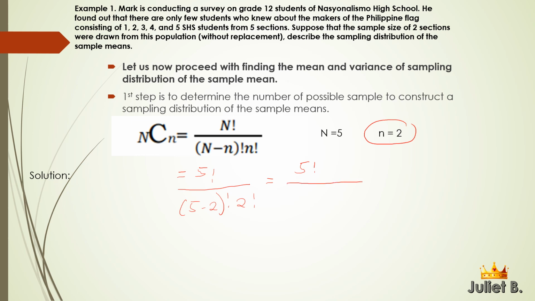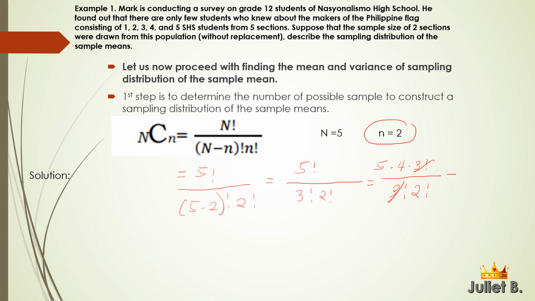So let us first subtract this. 5 minus 2 is 3 factorial, 2 factorial. Moving on, we have 3 factorial in the denominator, so it's much easier if we write 5 times 4 times 3 factorial. So that when I have 3 factorial in the denominator, this is equal to 1.